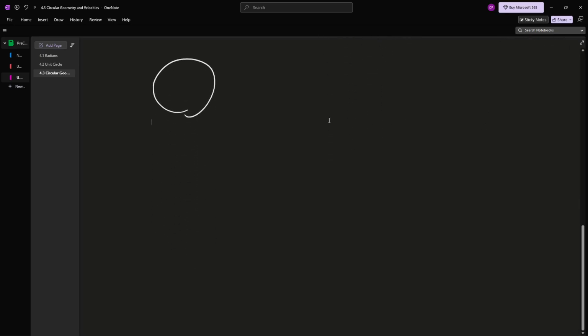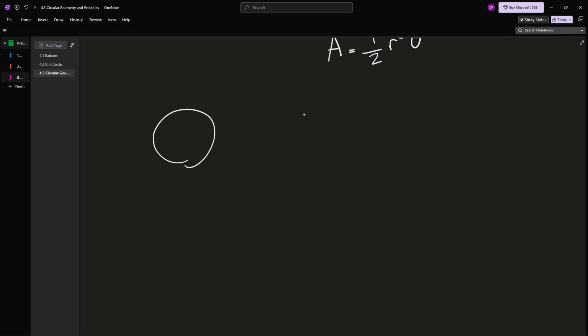I have a circle over here with an arc of 3 pi over 7, and a radius of 4 inches.